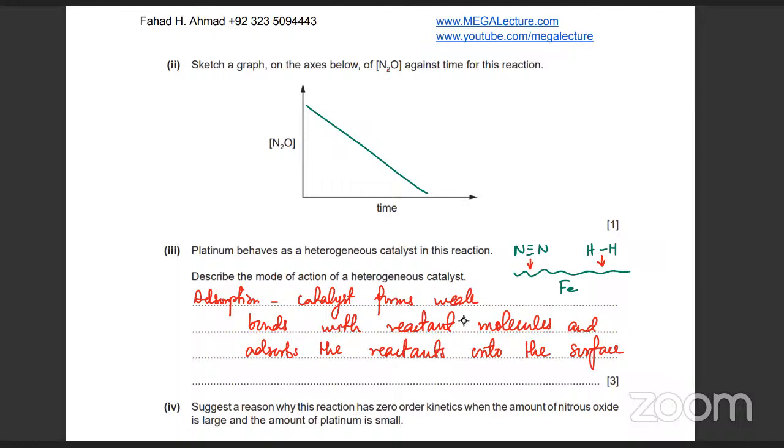So this is the first step that happens. Instead of the atoms bonding to each other, the electrons get attracted to the catalyst. और उसके बाद क्या होता है कि the weak bonds break, and that's known as deadsorption.